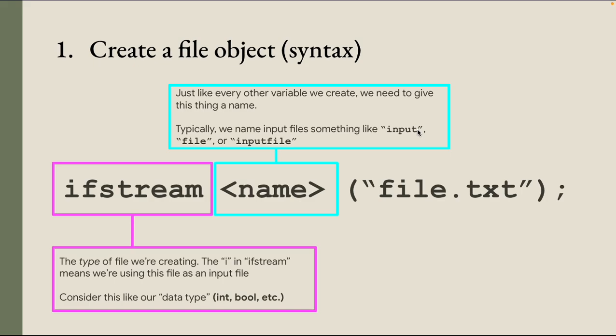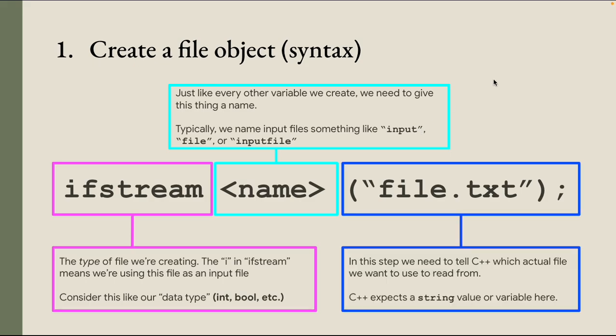Anywhere later in our program, we can reference this input file, and let's say we want to open it or close it or do something else, like start reading from it. We need to have a variable to use in that case. So secondly, we have to name it. Normally for input files, we name it like input or file or even input file, something that lets you know later on in your program that this is referring to an input file.